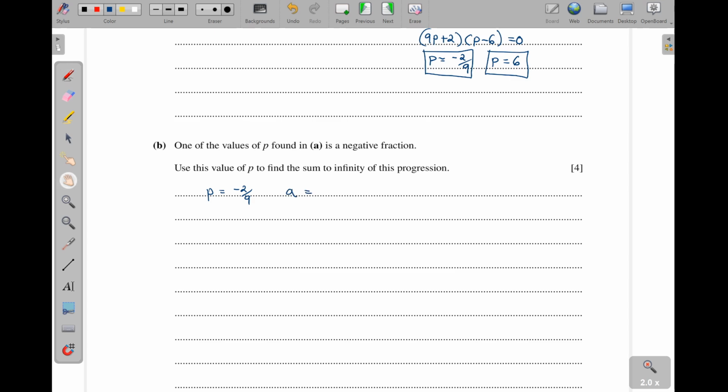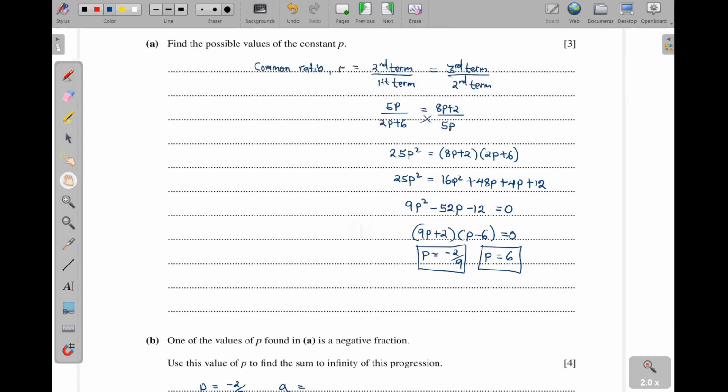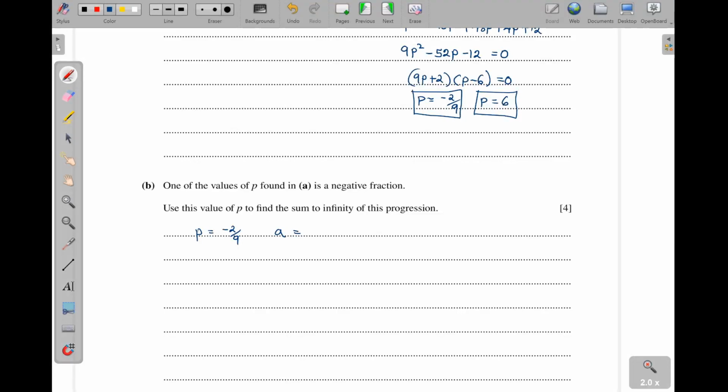The first term is 2p plus 6, so we have 2 times negative 2 over 9, plus 6. So this will be 9 times 6, that will be 54, then minus the 4, that will be 50. So we shall get 50 over 9.